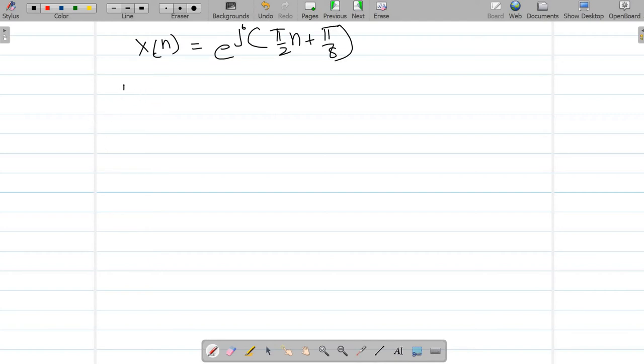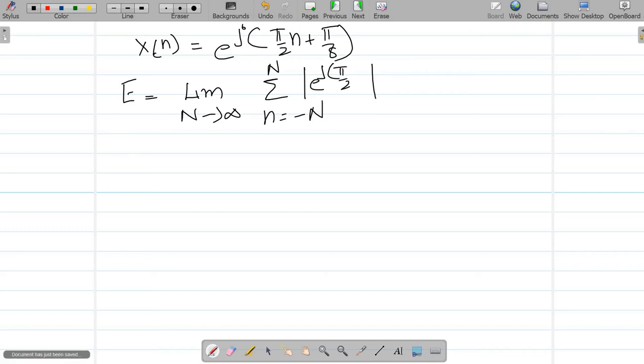Now we want to first check whether it is an energy signal. So limit N tends to infinity, sum from n equal to minus N to plus N, and within it I have to take the magnitude of this, and then I have to square it.